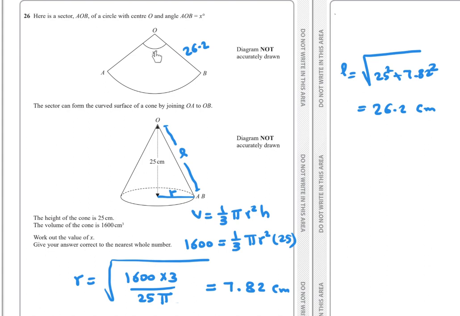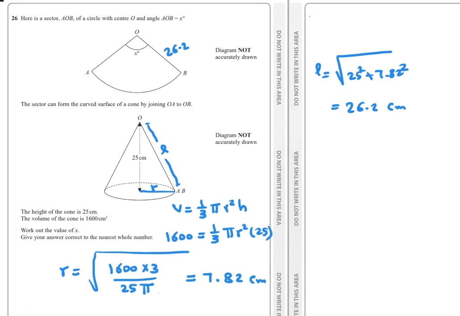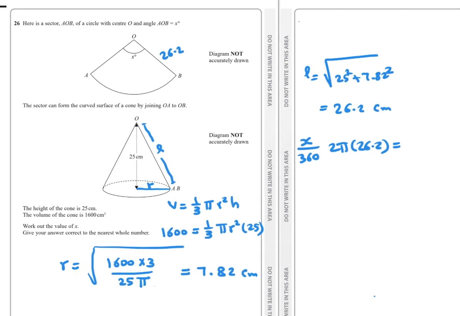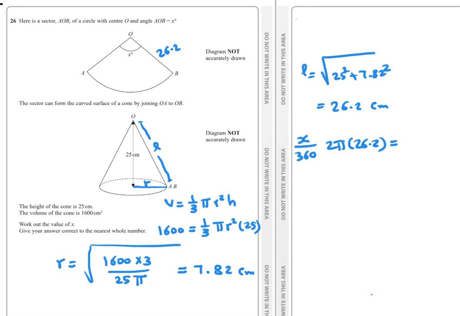Now to find x, the length of the arc AB equals the circumference of the circle of the cone. So the length of the arc, x over 360 times 2 pi times 26.2, equals the circumference of the circle, which is 2 pi r, so 2 pi times 7.82.